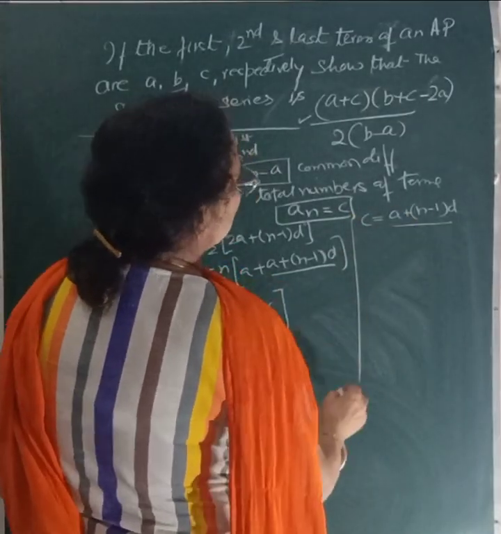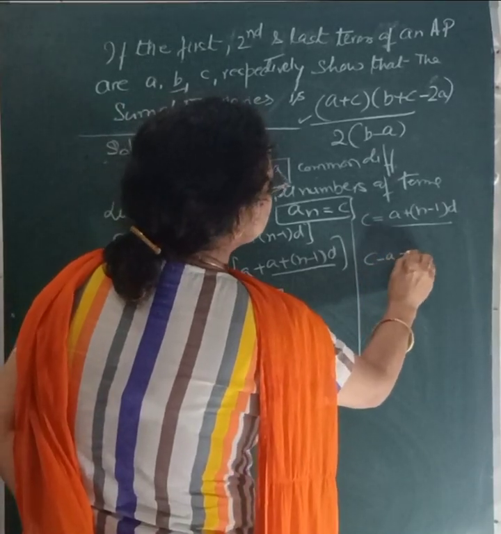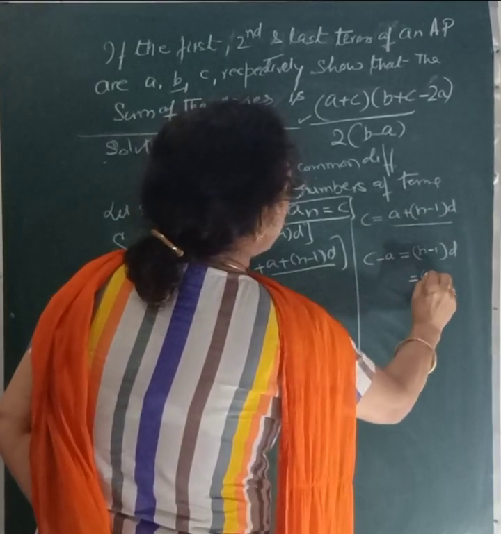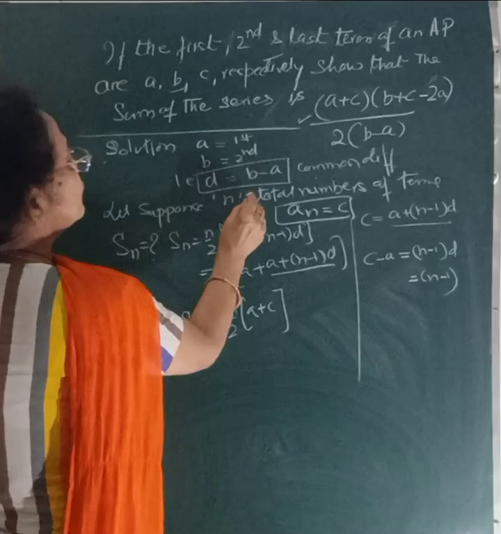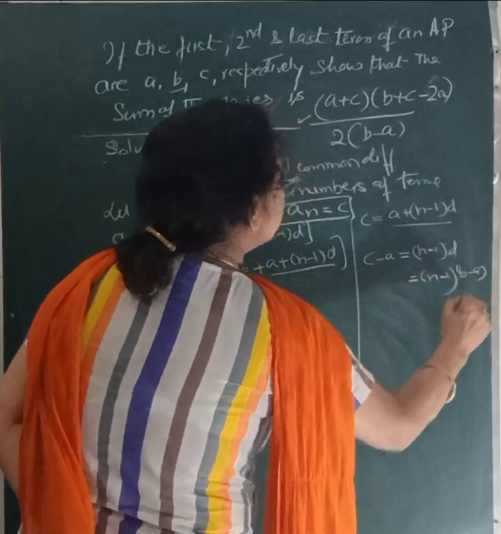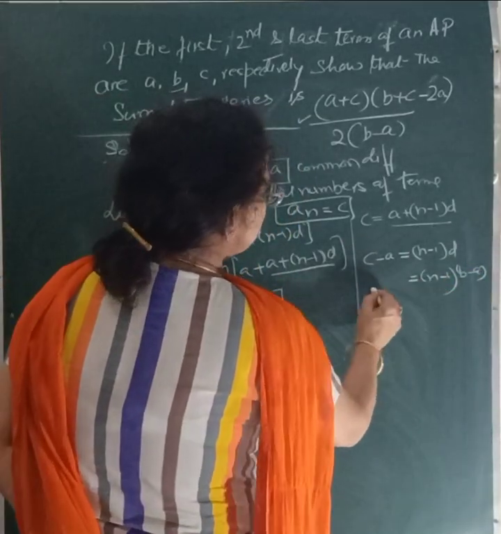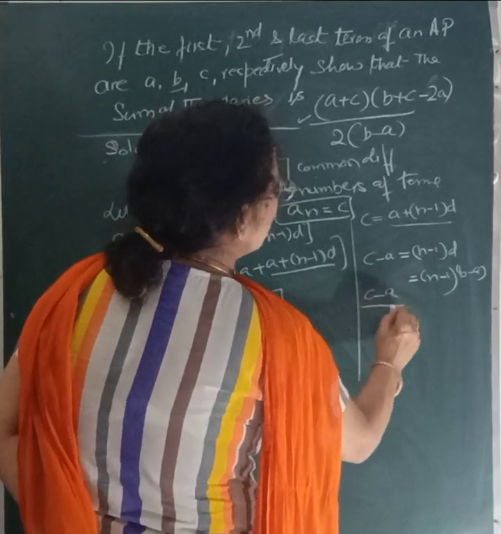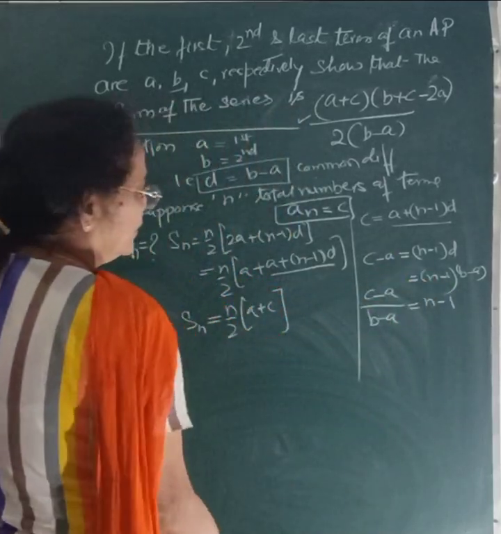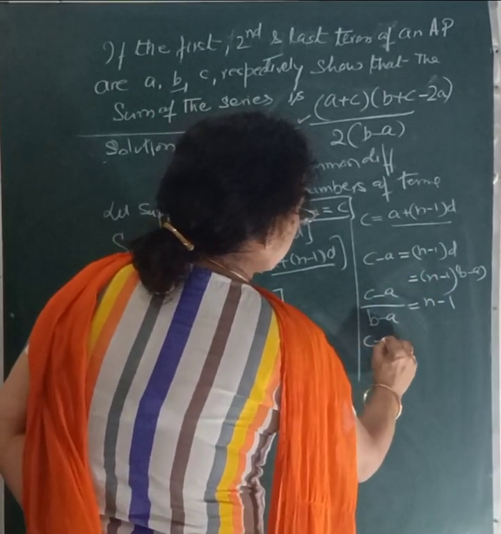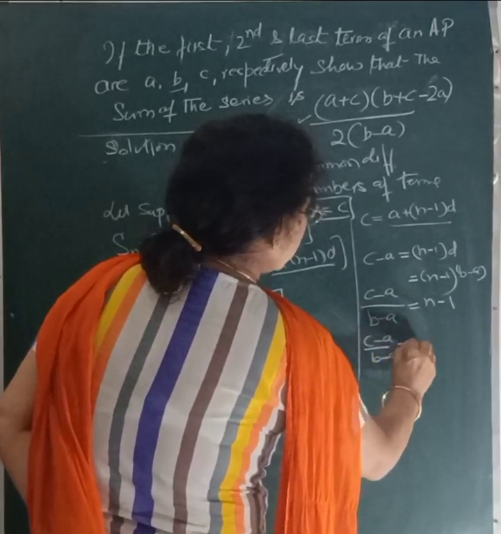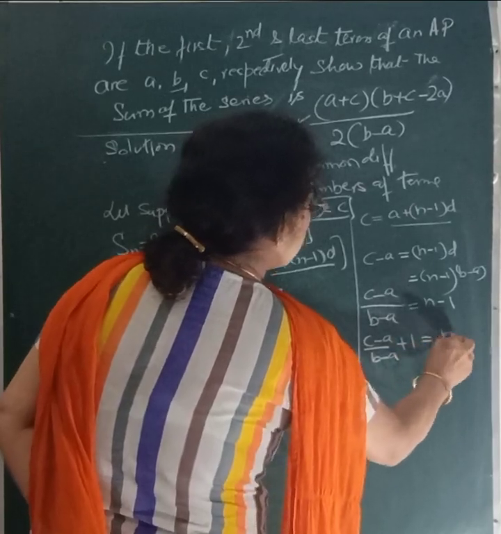From here n can be obtained. c minus a is equal to (n minus 1) into d, and d is equal to b minus a. It means (c minus a) upon (b minus a) is n minus 1, or (c minus a) upon (b minus a) plus 1 is equal to n.